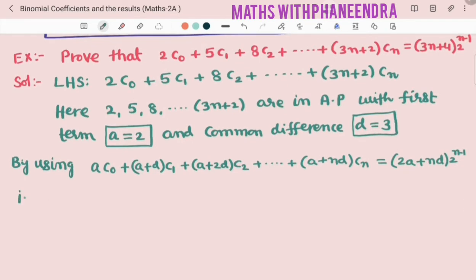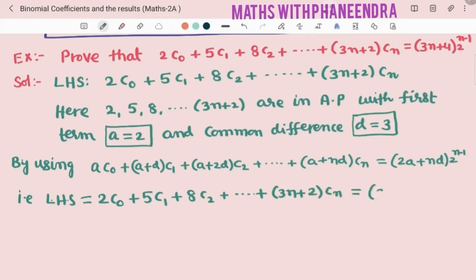Therefore, that LHS value I am considering again. 2C0 plus 5C1 plus 8C2 plus and so on (3n plus 2) into Cn is equal to, write the formula, the RHS formula only, (2A plus ND) into 2 power n minus 1.